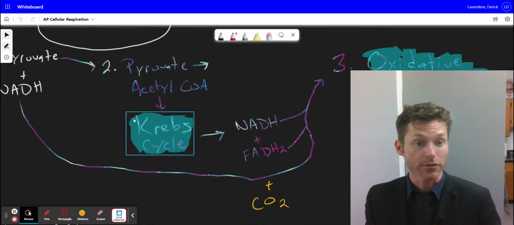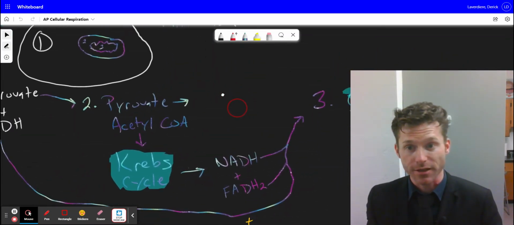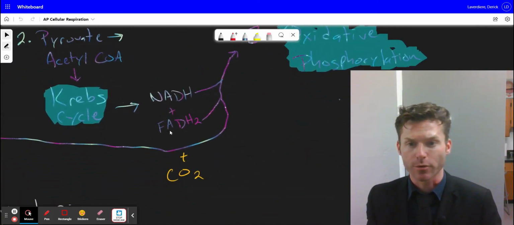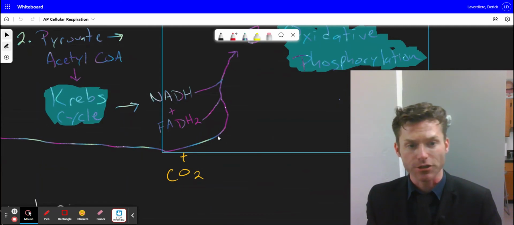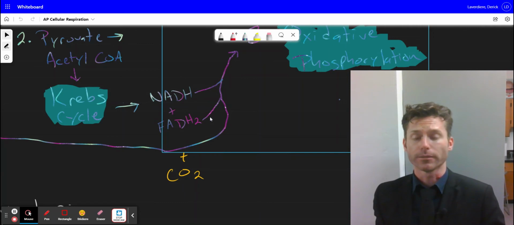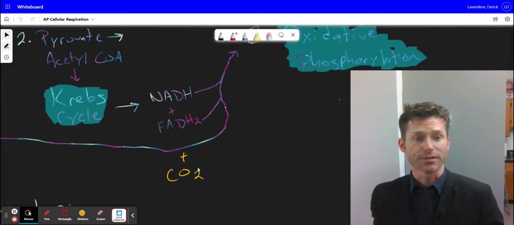They then enter the Krebs cycle, which is also happening in that same location. The Krebs cycle is a series of reactions whose main purpose is to generate NADH and FADH2, both high energy electron carrying molecules. It also produces CO2 as a byproduct.